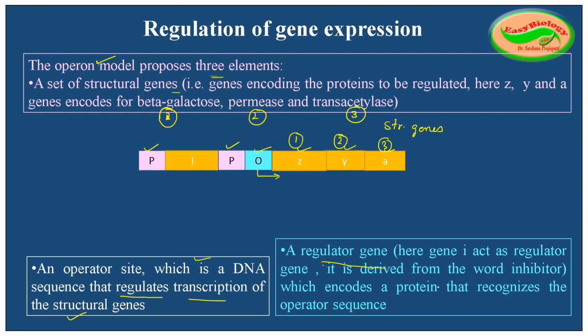Here the letter I means the inhibitor, which encodes a protein that recognizes the operator site. It will produce a messenger RNA. Messenger RNA will produce a protein, and this protein will recognize the operator site or the operator sequence. So this is the structure of the Lac Operon in bacteria.